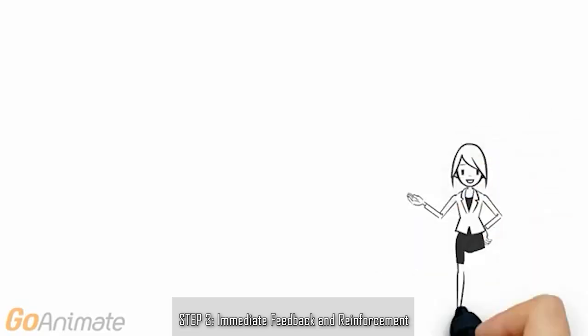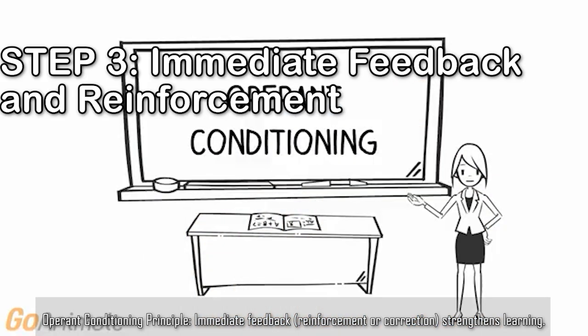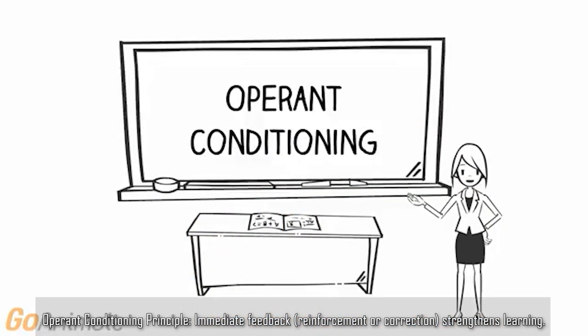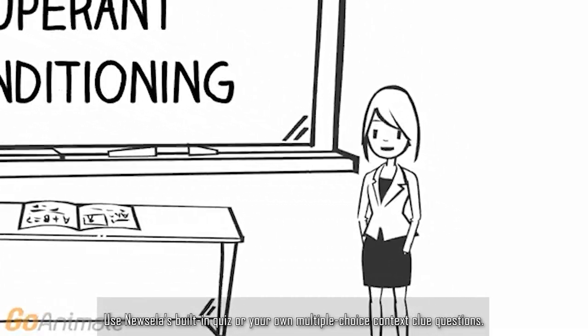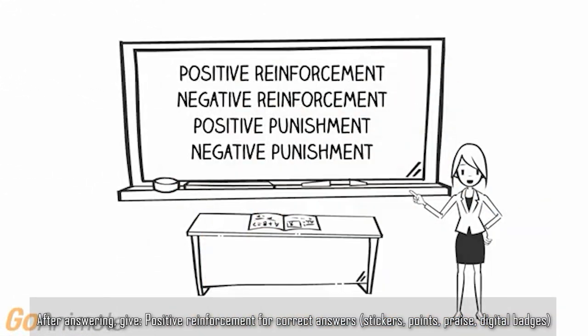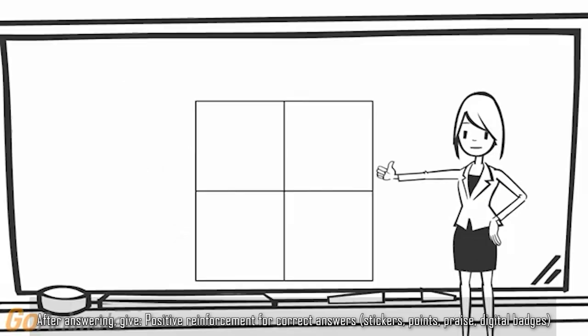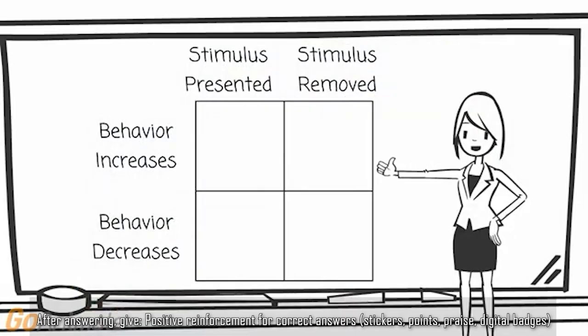And go back to step 3, immediate feedback and reinforcement. Operant conditioning principle: immediate feedback, reinforcement, or correction strengthens learning. Use Newsela's built-in quiz or your own multiple choice context clue questions. After answering, give positive reinforcement for correct answers: stickers, points, praise, or digital badges.